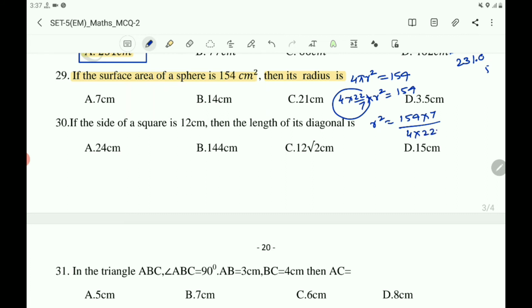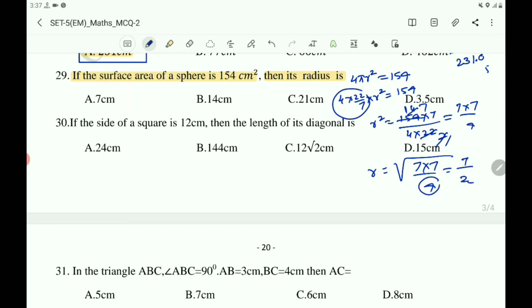Also you know that 11 twos are 22, and 11 fourteens are 154. You will get 7 into 7 by 4. Then r equals root of 7 into 7 by 4, that is 7 by 2.